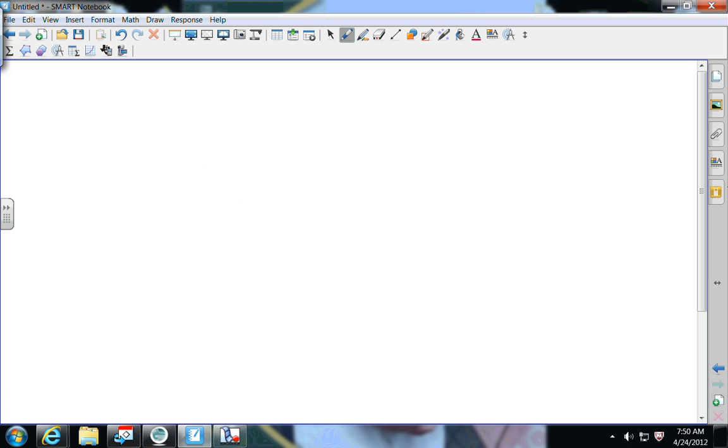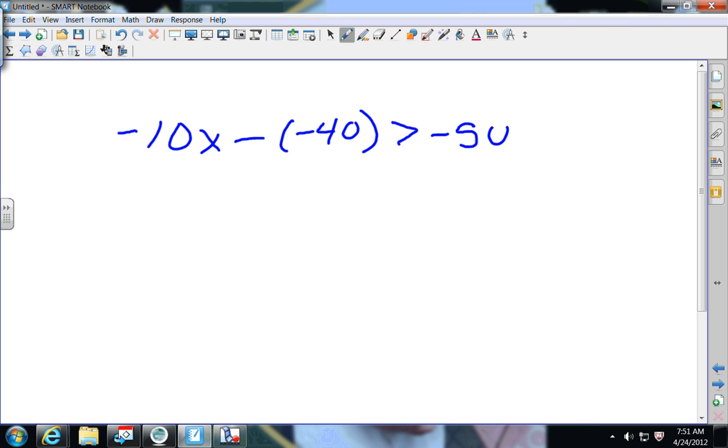Let's do here. Negative 10x minus negative 40 is greater than negative 50. Okay. The first thing I notice is my parentheses. A negative times a negative is a positive. See, when you have two negatives, this is like negative 1 times negative 40.